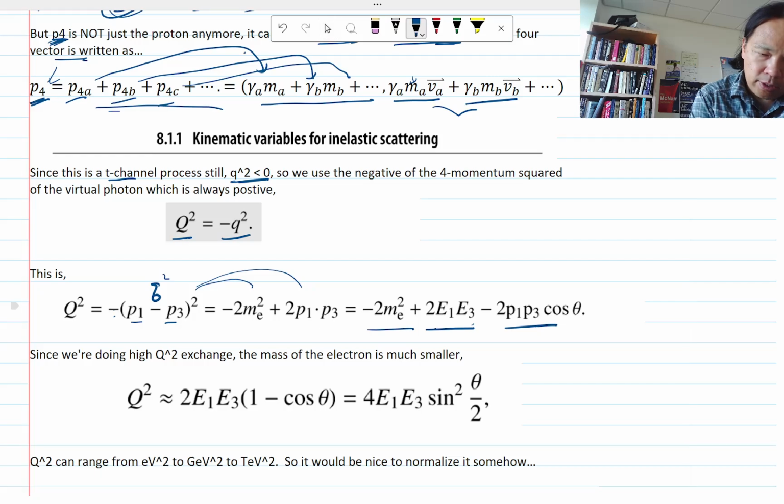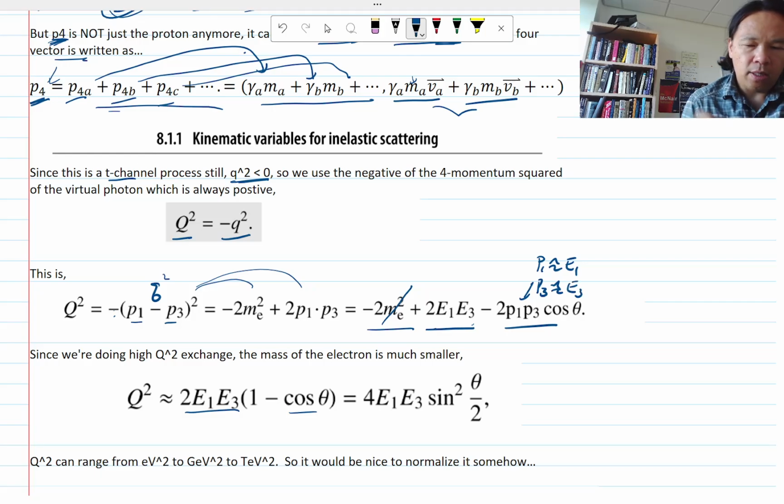Once again, since the mass of the electron is so small, we can ignore it, right? And that's going to tell us that this is going to be 2 times E1 times E3, 1 minus cosine of the angle between them, where P1 and P3 are basically going to be energy 1 and energy 3, because if you can ignore the mass of the electron, the energy and the momentums are the same.